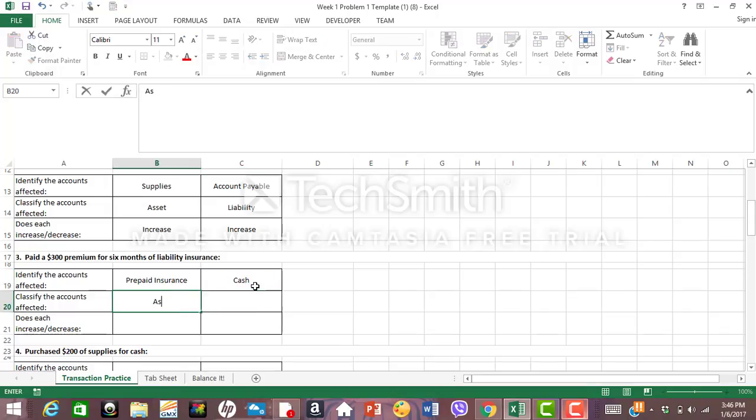Prepaid insurance is a part of assets, and it is under assets because it hasn't been used yet. So it's part of assets, and cash is a part of assets as well. Prepaid insurance increases, obviously, because we're paying prepaid insurance of $300, and we're paying it with cash, so our cash decreases.